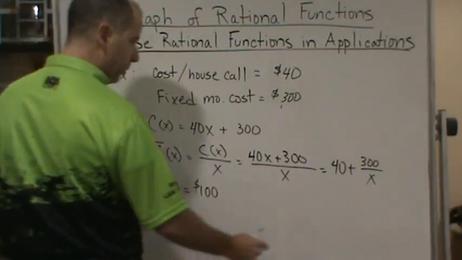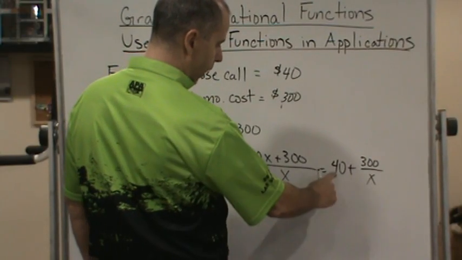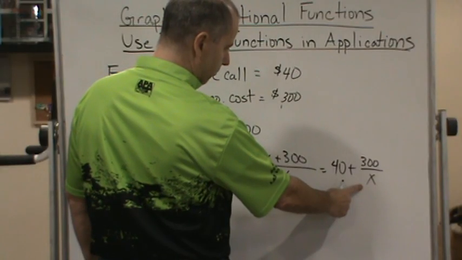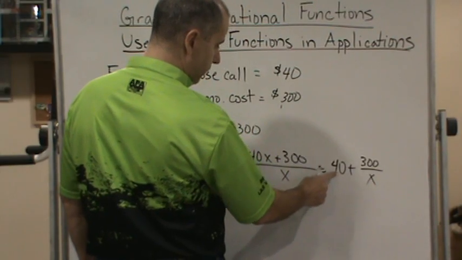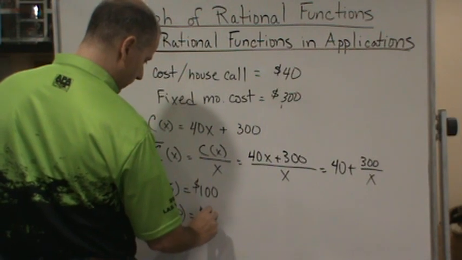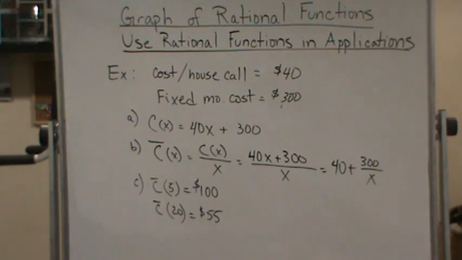Well, in this case, if we put 20 in here, this part would end up being 15. And then 15 plus 40 is 55. So that would be about $55 per house call.